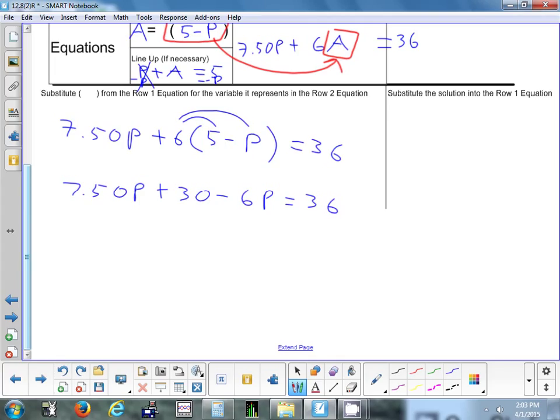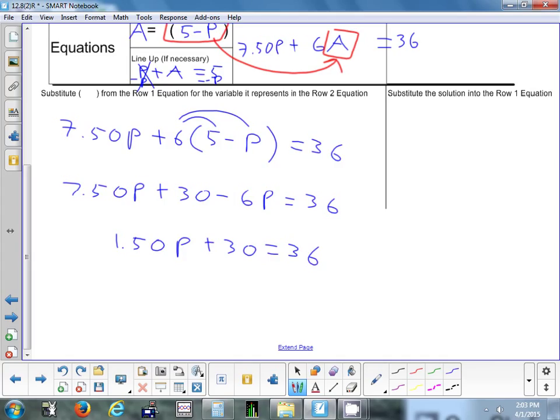We're subtracting, taking 750p minus 6p. Combine your like terms. Still got the plus 30 equals 36. So $1.50p plus 30 equals 36.